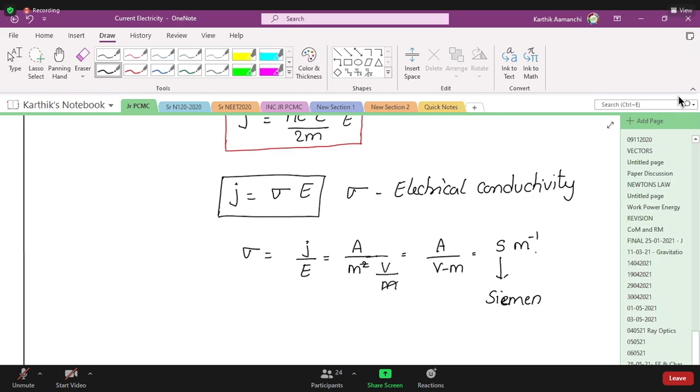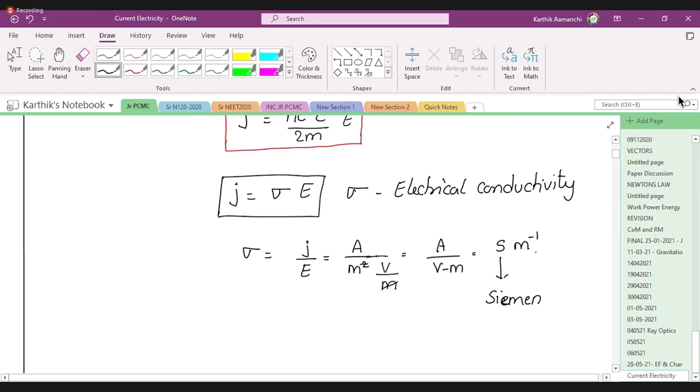If your electrical conductivity is high, what does it mean? It is like this: for a very small electric field, if your current density is high, the conductivity is high.